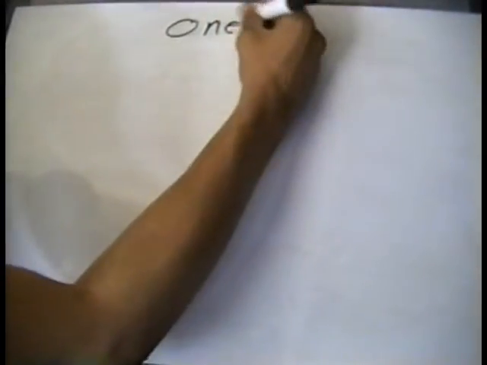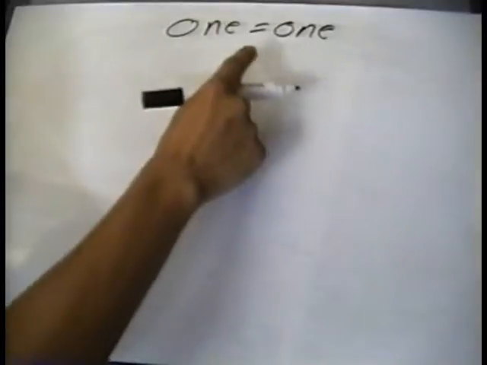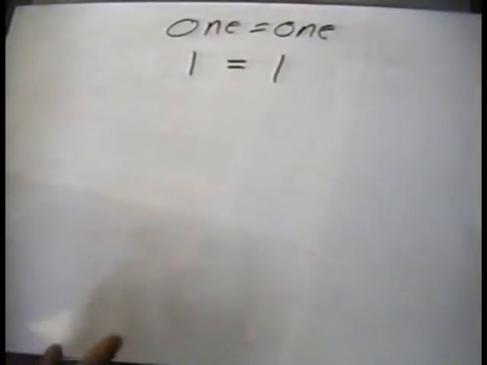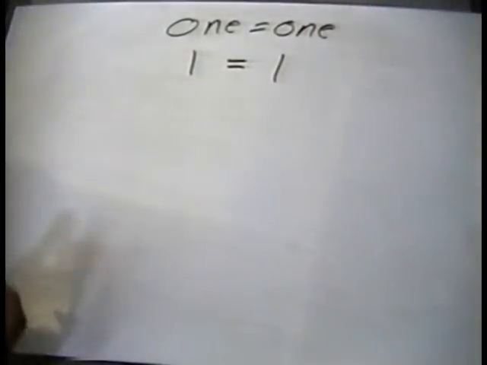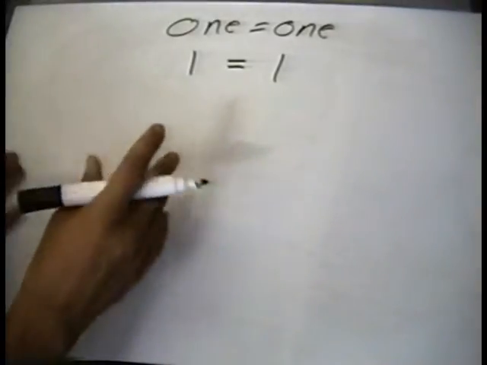Okay. So for example, we're going to start by showing you, let's say, 1. 1 equals 1. Okay, so the number 1 equals 1. We know that, right? 1 equals 1.